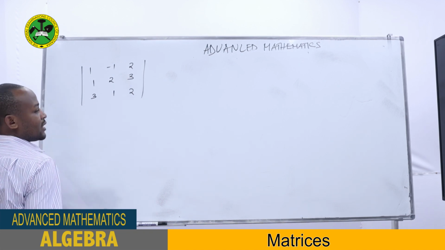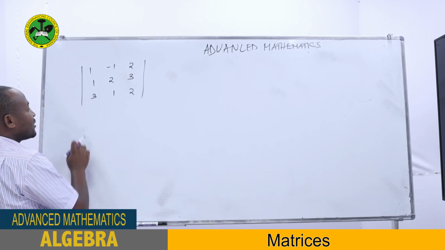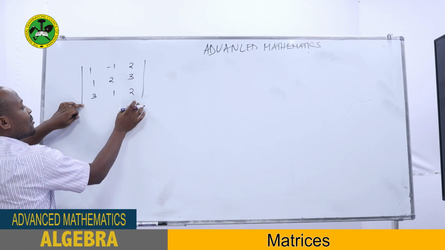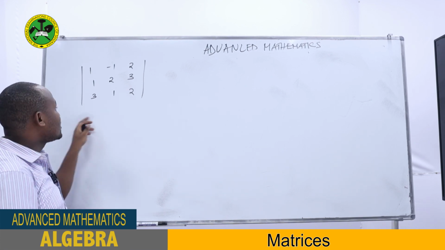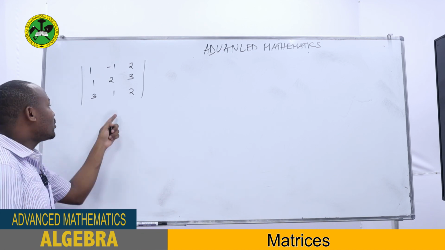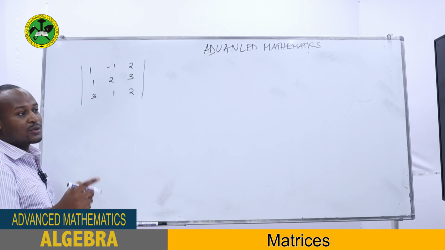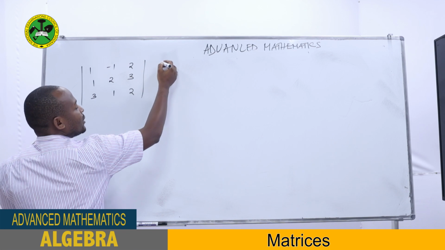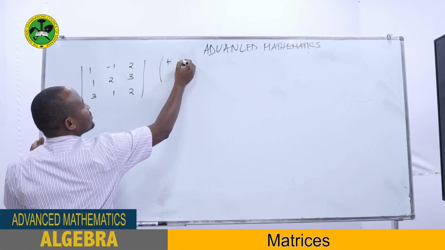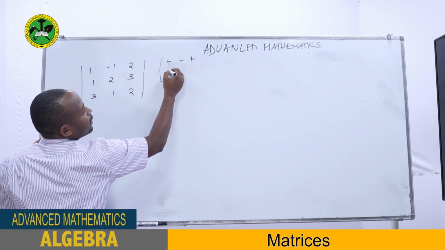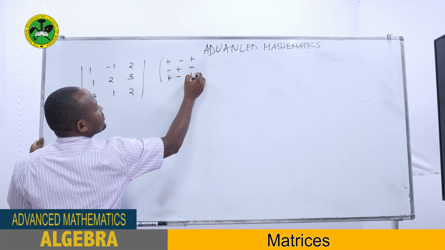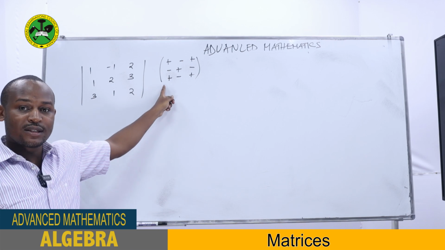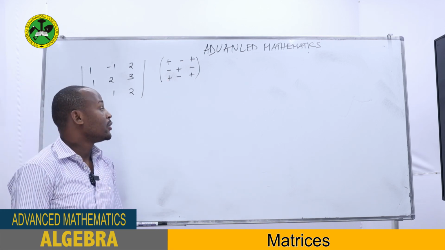Remember, these signs denote the determinant of a matrix. How do we do that? Remember the pattern that I explained: positive, negative, positive, negative, positive, negative, positive, negative, positive. So you will use this pattern in your solution.